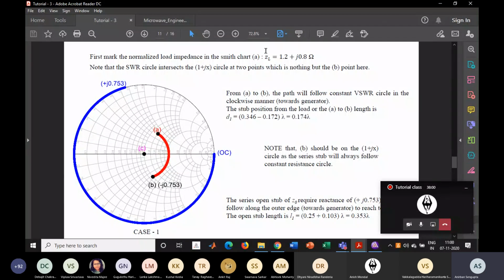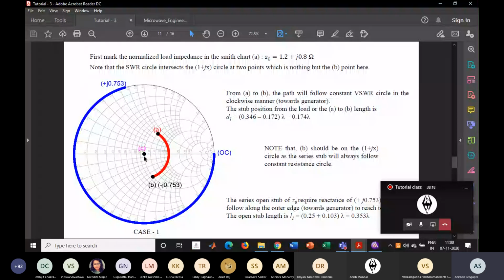Okay, so the normalized impedance of the load network is marked here. The second step is to draw a constant VSWR circle by taking this Smith chart center as the center.